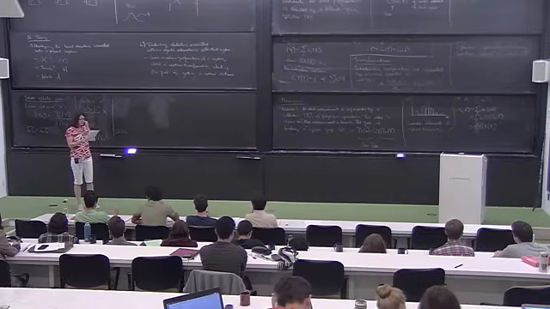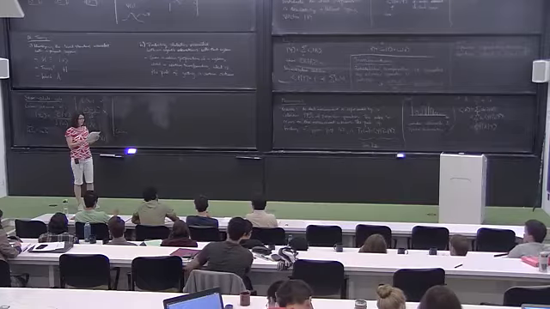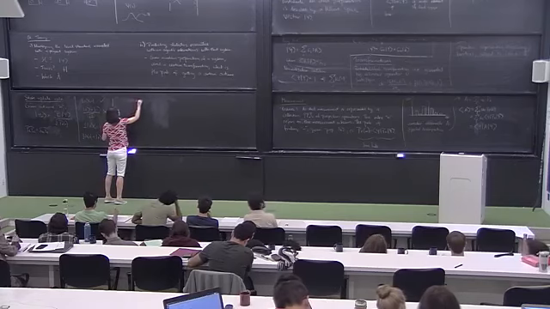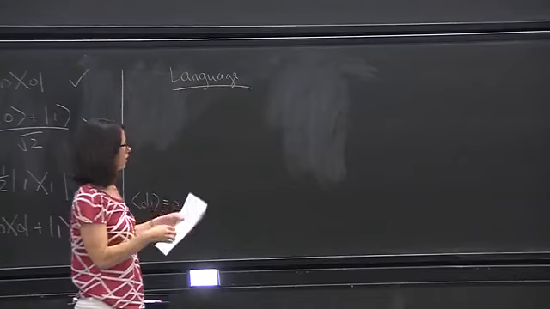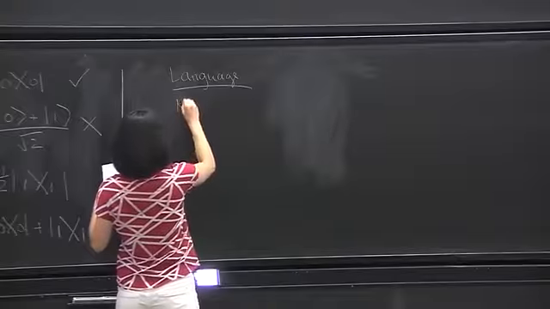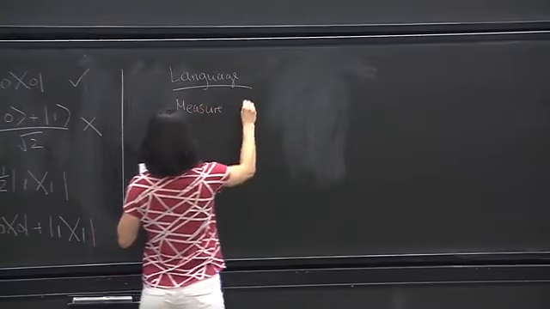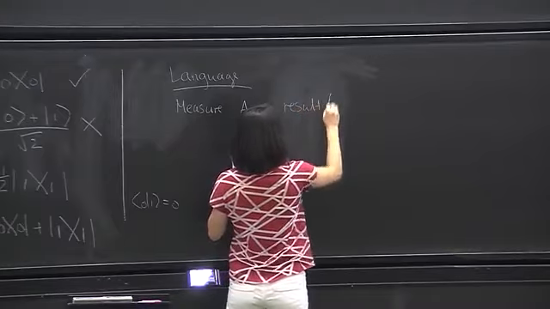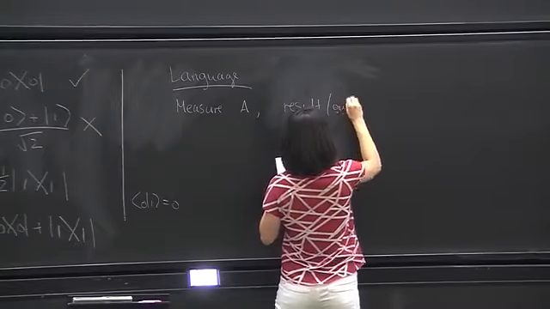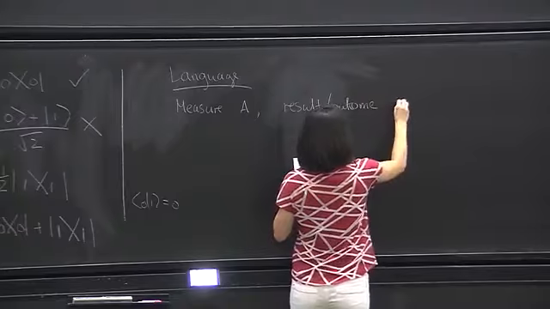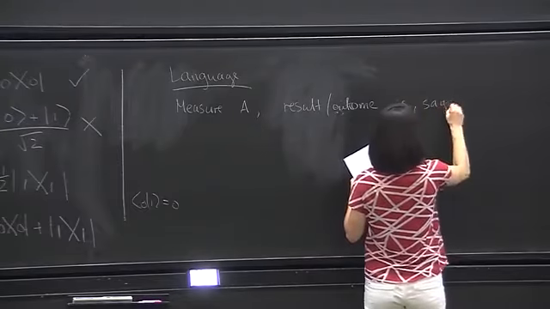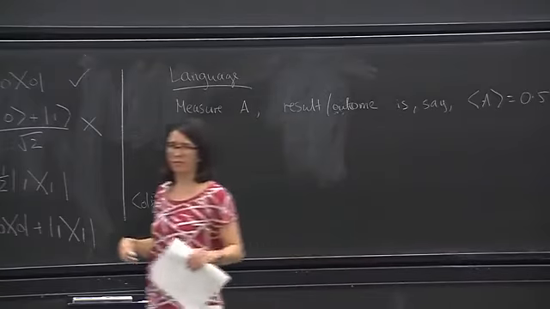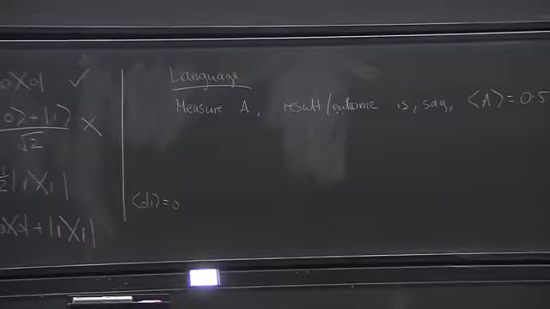When we talk about expectation values, we say something like, let's measure an observable A, and the result of that measurement is, say, the expectation value, which is 0.5.